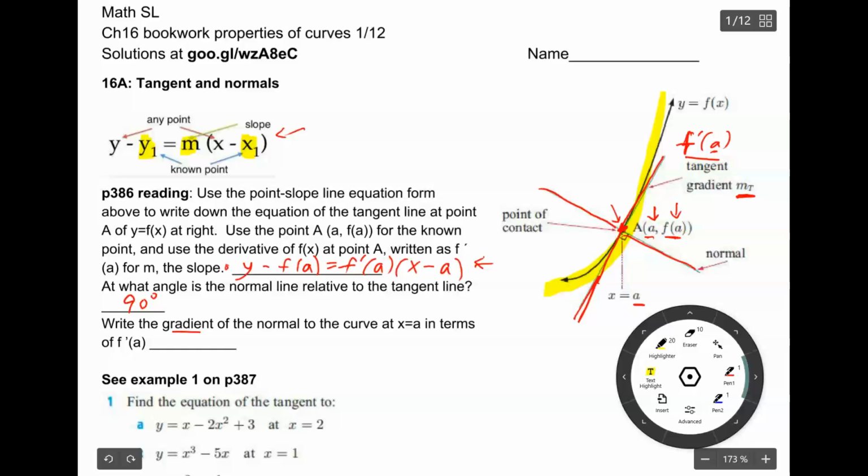And the way we can take a slope and find the perpendicular slope to it is we do the negative inverse of it. So the gradient of the normal line would be the negative reciprocal of f dash of a.